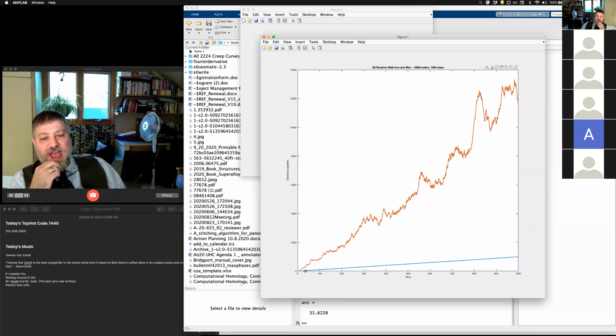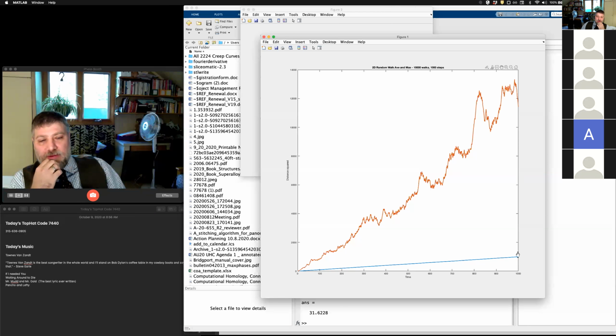But if we look at the average distance, averaged over all the atoms and all 10,000 simulations, this is really linear with time. So the squared distance is a straight line with time, right?